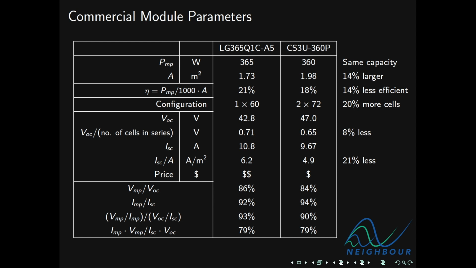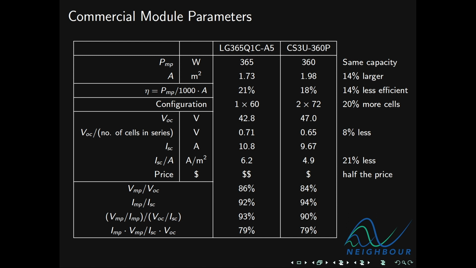It all depends on how much surface area the module has. And as I mentioned, the LG is super efficient, which makes it super expensive. It's actually almost double the cost of the Canadian Solar, which is why the Canadian Solar is much more popular. There is an exponential relationship between efficiency and cost per watt, and that is why at very high efficiencies, module pricing gets higher and higher.